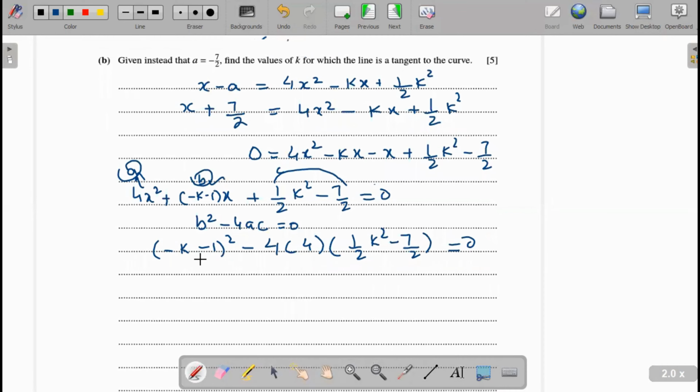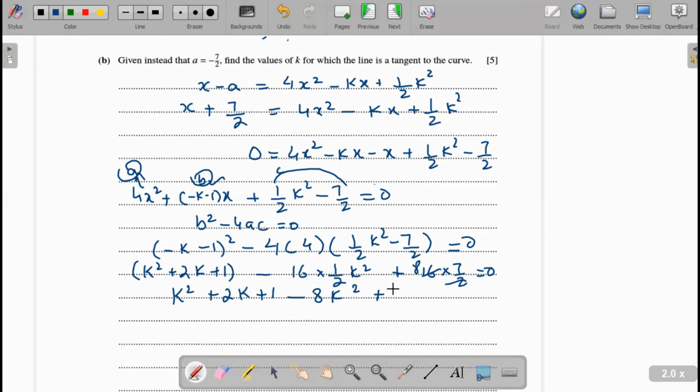This is the (a plus b) whole square formula used here. That is k square plus 2k plus 1 minus 16 multiplied by 1 over 2 k square, plus 16 multiplied by 7 over 2, equal to 0. That is k square plus 2k plus 1 minus 8k square plus 56 equal to 0.